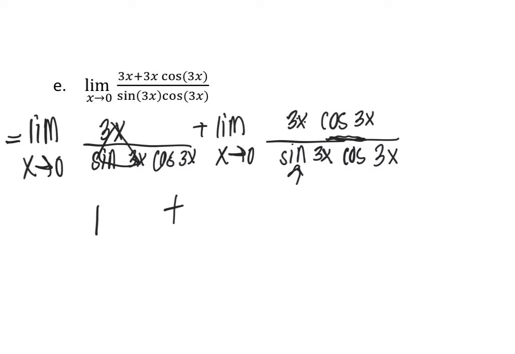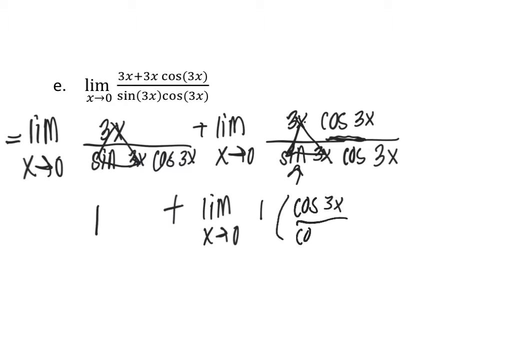So what I'm going to do is I'm going to use the theorem right here. And so the sine of 3x over 3x is 1. And basically, what you're dealing with is the limit of 1 times cosine of 3x over the cosine of 3x.